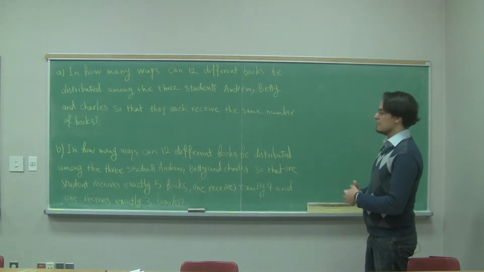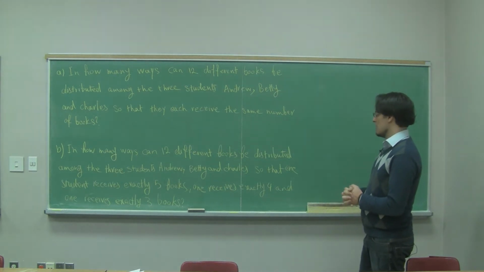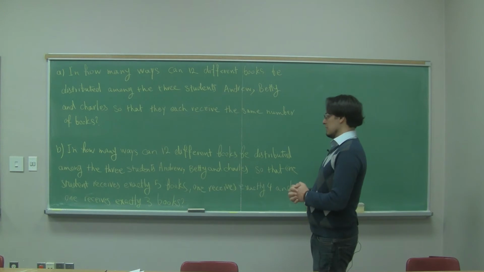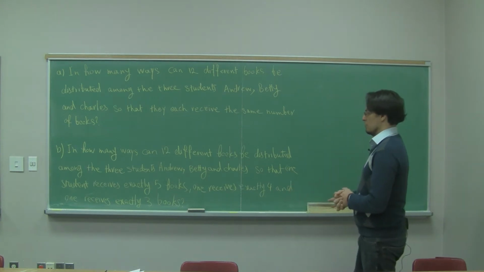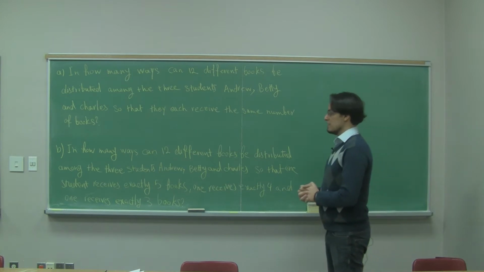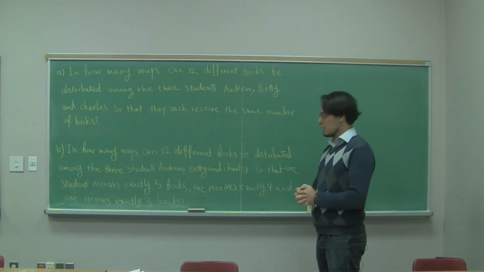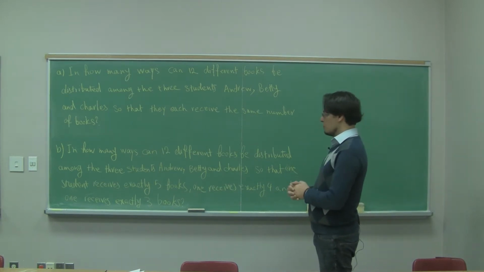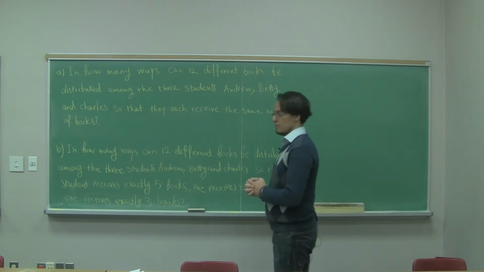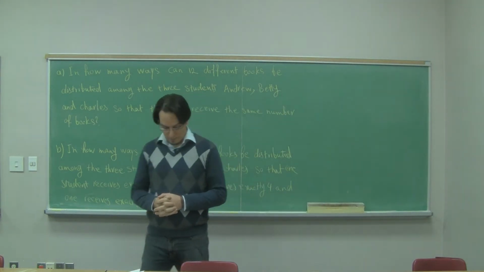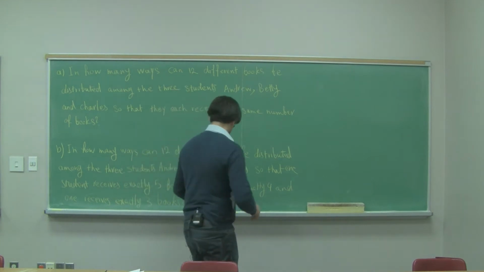And part B says that we have 12 different books and we want to distribute them among the same students, Andrew, Betty, and Charles, so that one student receives exactly 5 books, another receives 4 books, and the last one receives 3 books. Well, let's start with the general formula.